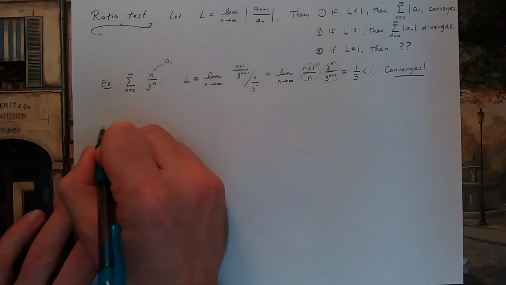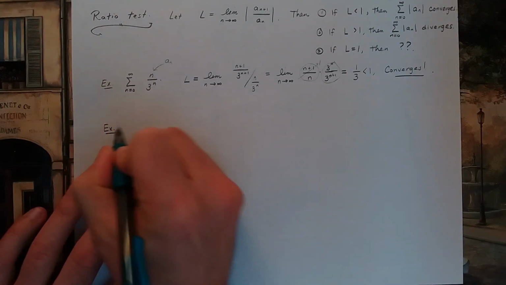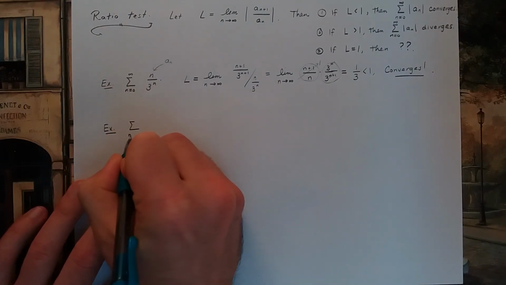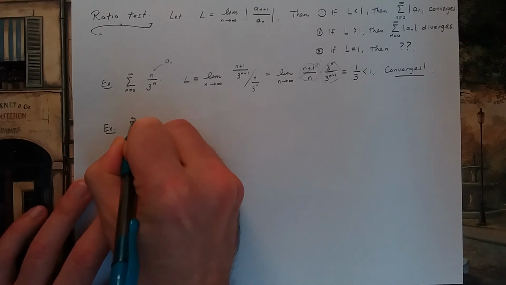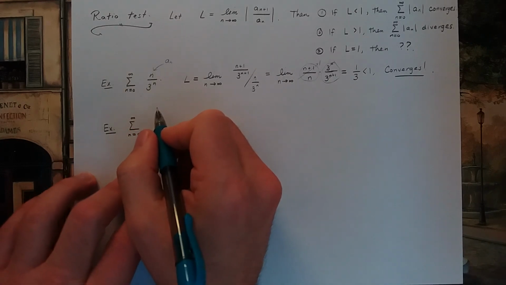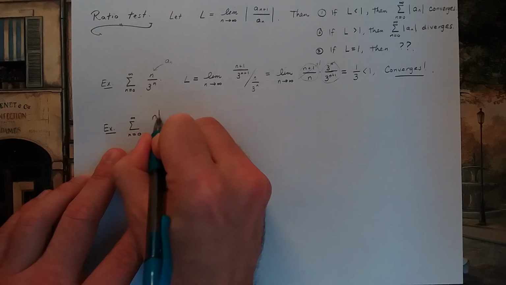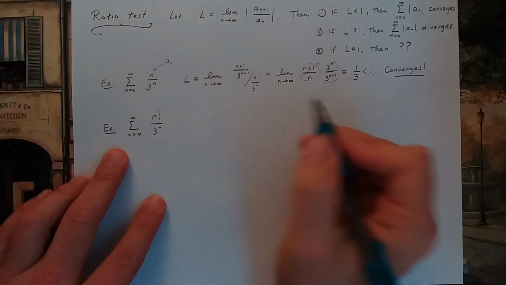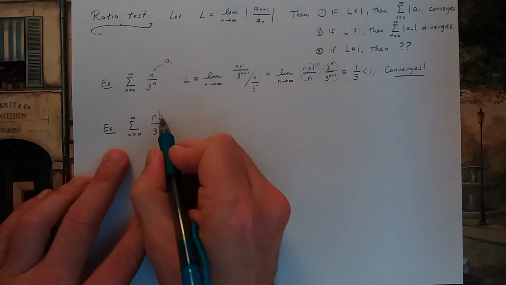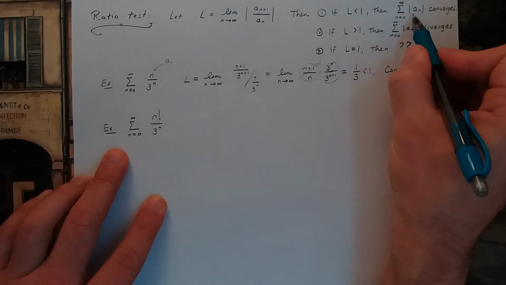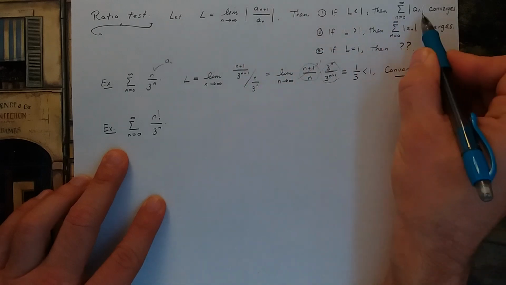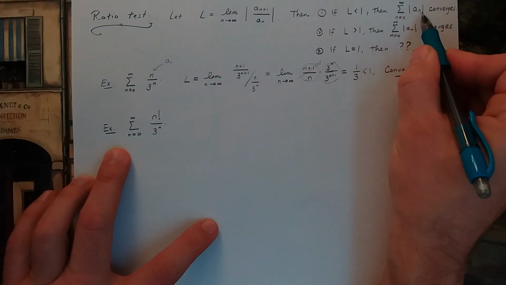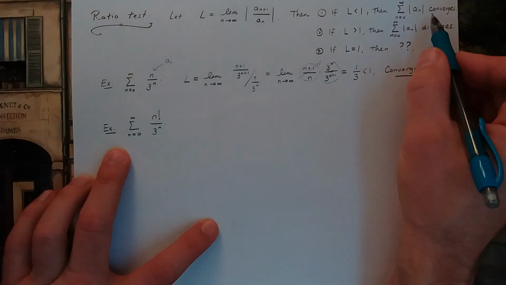Let's do another example with the ratio test. What about this sum going from 0 to infinity? How about this time we try n factorial over 3 to the n? Again, all my terms here are positive, so the absolute values in the statement of the ratio test don't apply. They're just in there in case you have negative numbers involved.